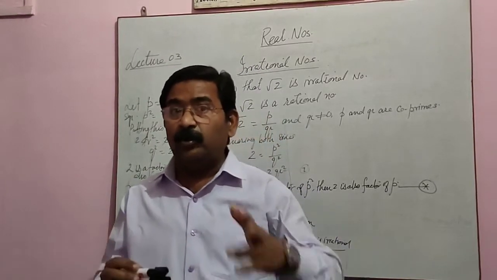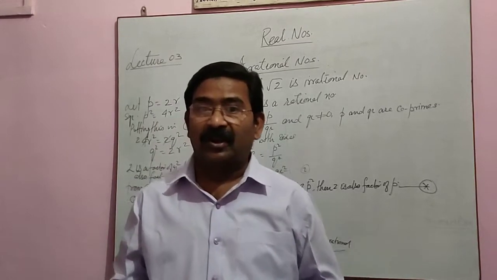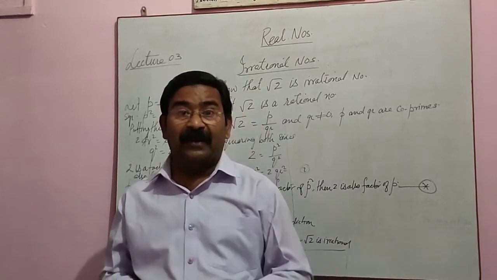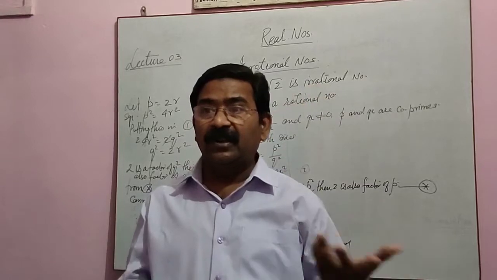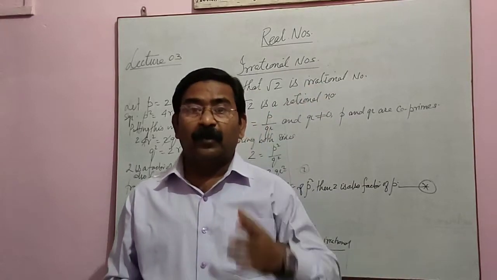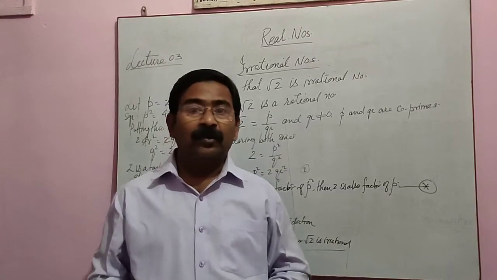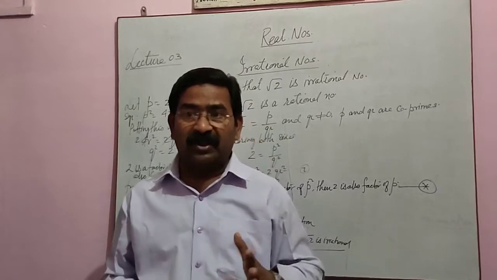When we divide two different irrational numbers, the quotient is irrational. I am talking about different irrational numbers. When you talk about same irrational number, the result is rational. Irrational upon irrational, result is rational. I am talking about different irrational numbers. So this is all about operation on two irrational numbers.